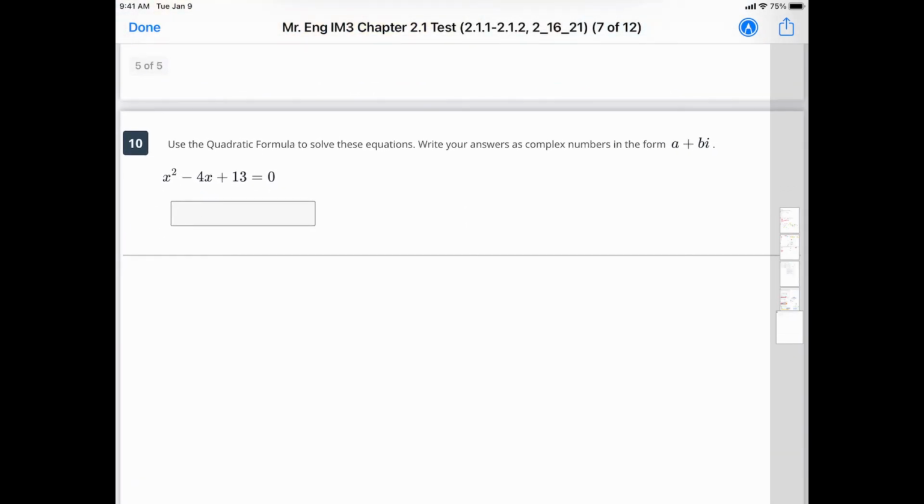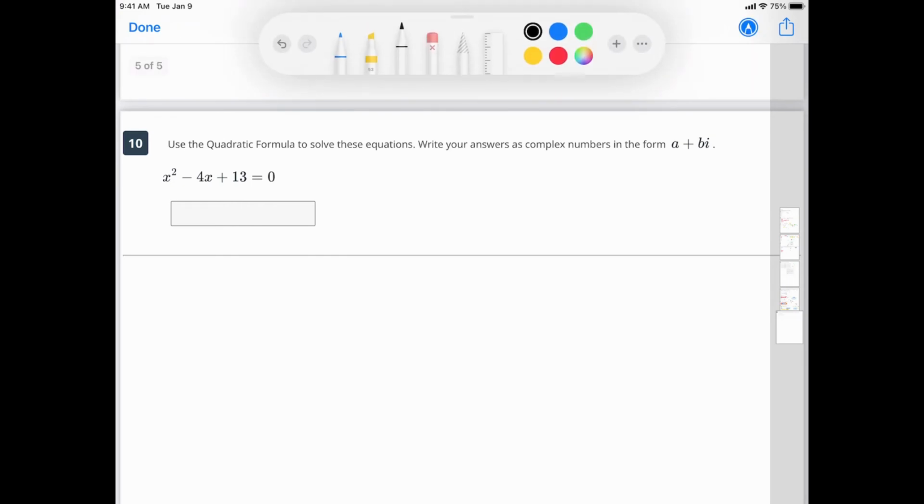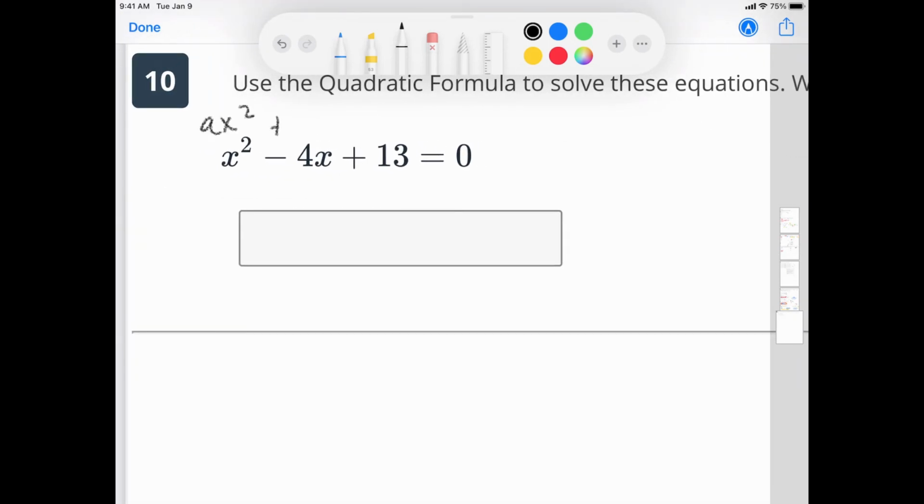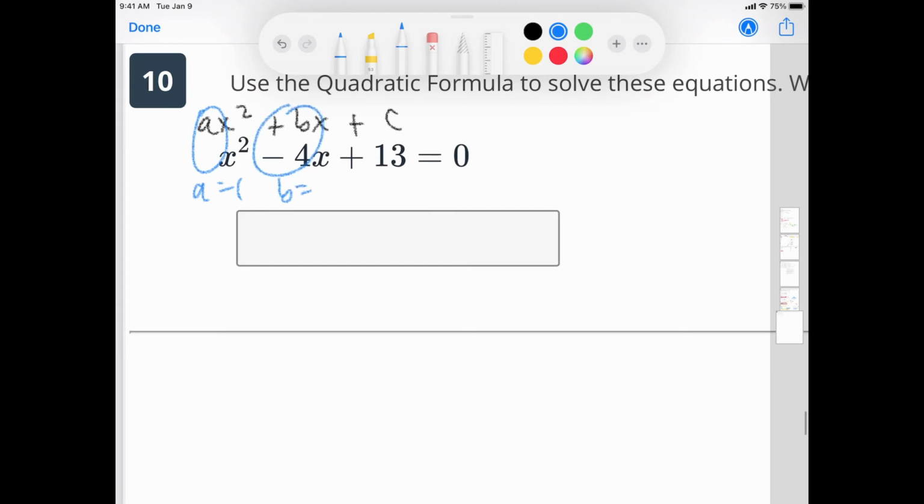And number 10, use the quadratic formula to solve these equations. Write your answers as complex numbers in the form of a plus bi. All right, so I have standard form, everything is to the left side. It is set equal to 0. A is 1, B is negative 4, and C is 13.